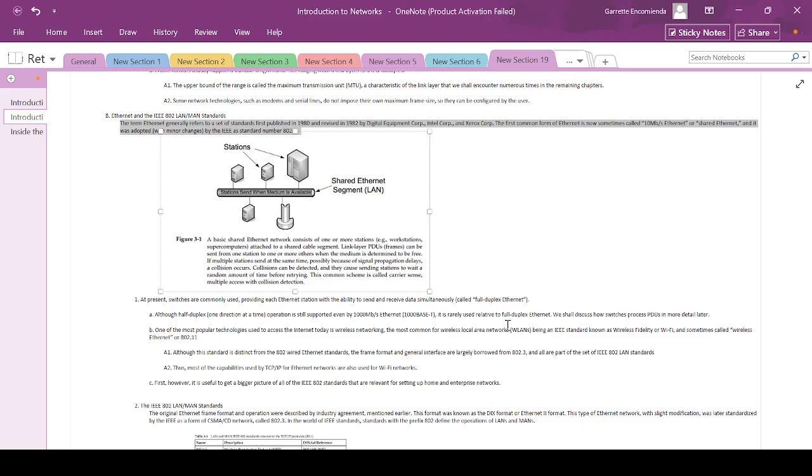The first common form of Ethernet is now sometimes called 10 Mb/s Ethernet or shared Ethernet, and it was adopted with minor changes by the IEEE as the standard number 802.3.